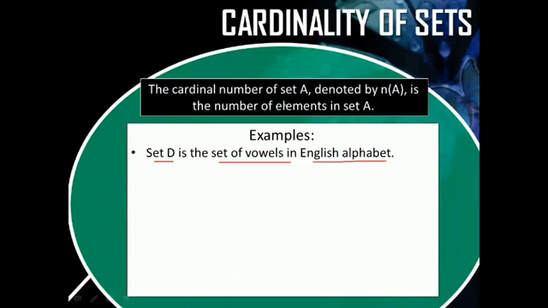So, when we say the cardinality of sets, first let us write all the vowels in the English alphabet. So, the set B has the elements A, E, I, O, and U. Once again, these are the number of elements in a set. So, our answer will be 5. It is because there are 1, 2, 3, 4, 5 elements in set B.